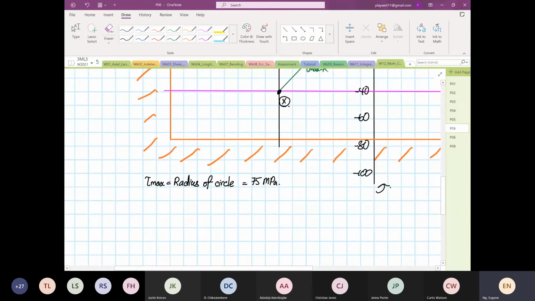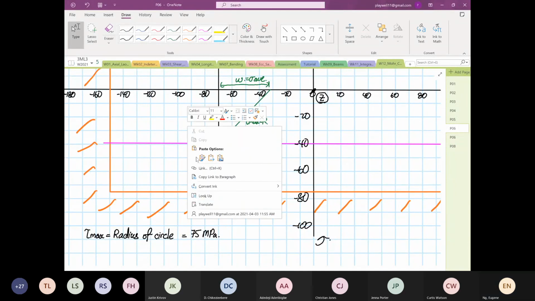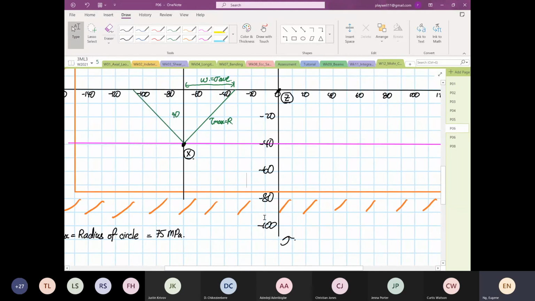There are two stress averages because one can be on the left side, the other on the right side. So we're going to reflect this. It can be one on the left and one on the right.